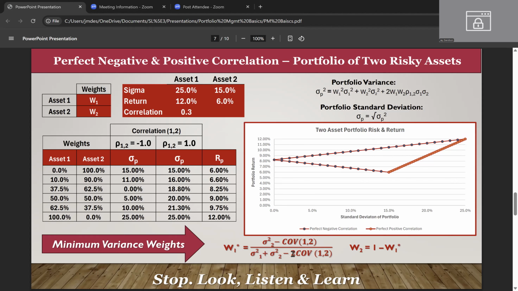So you definitely want to know what weights would minimize the portfolio variance, right? And if you're comfortable doing all that, you're going to be fine on this topic on the exam. So these are the types of things that they definitely like to cover and make certain that you know.